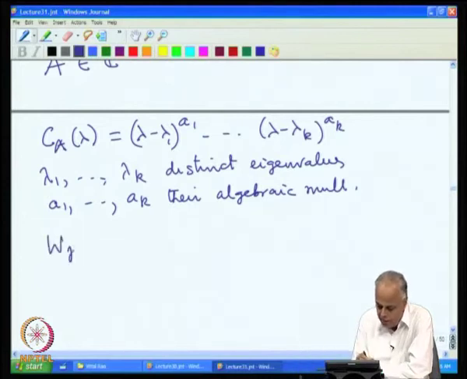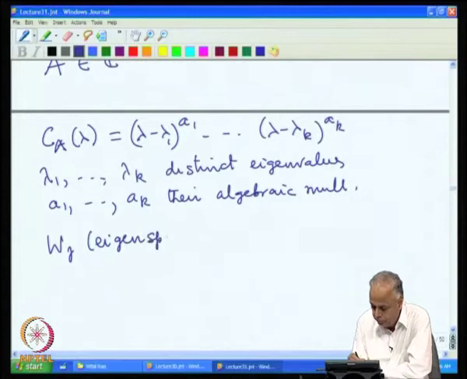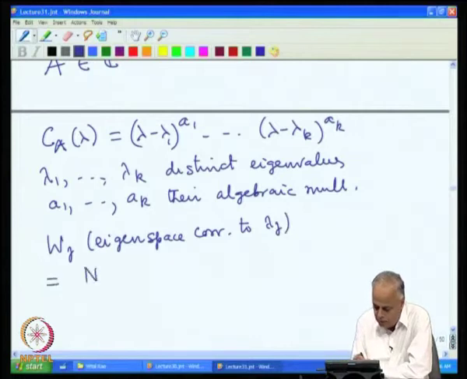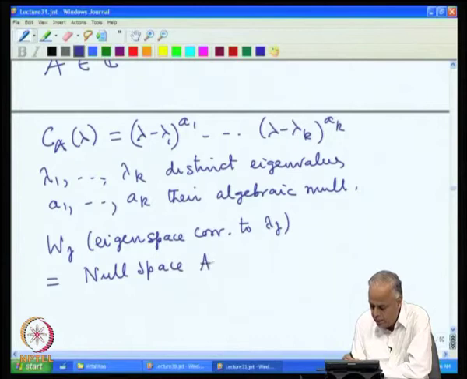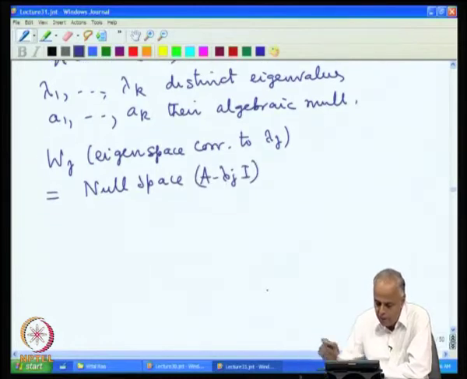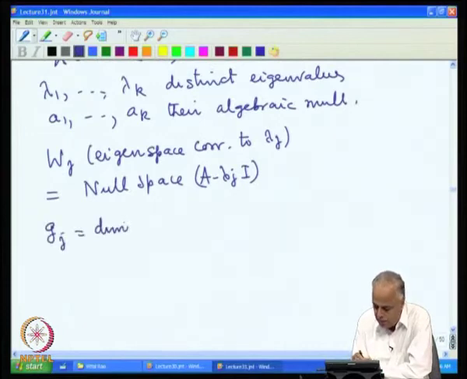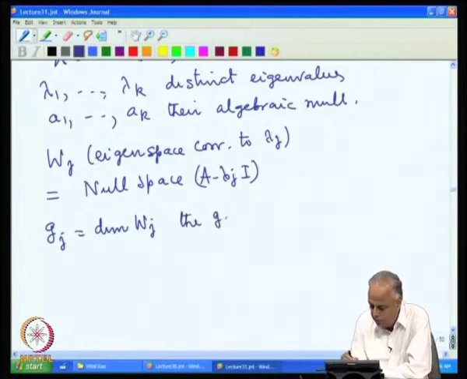Then W j, the eigenspace corresponding to lambda j, is equal to the null space of A minus lambda j I, and G j, the dimension of W j, is the geometric multiplicity.